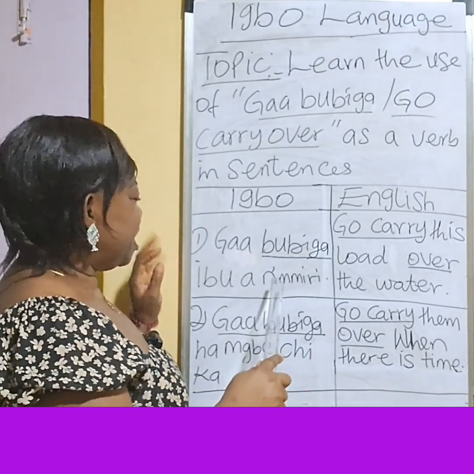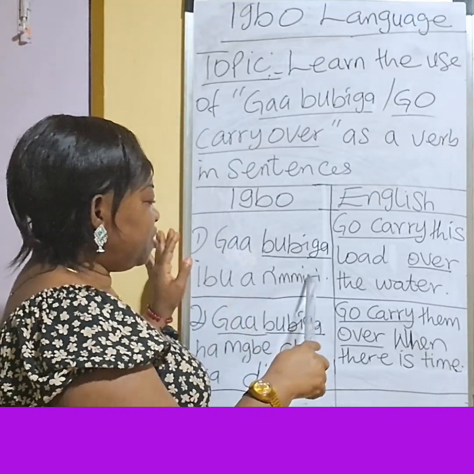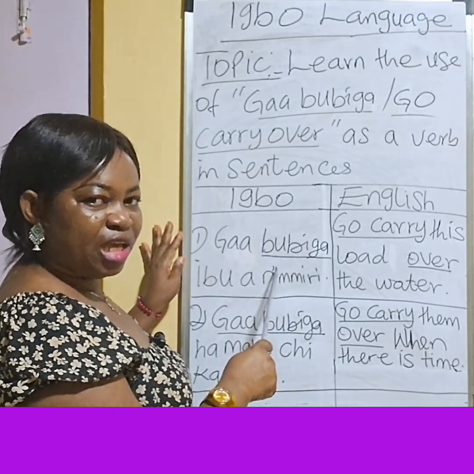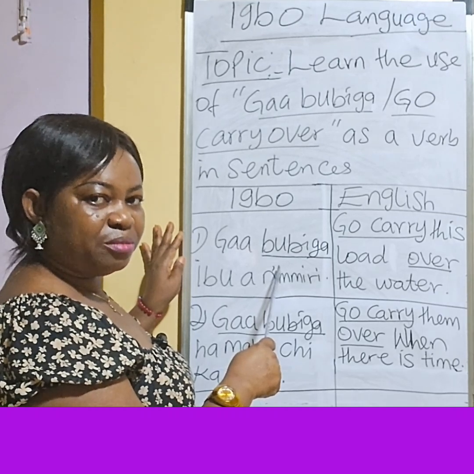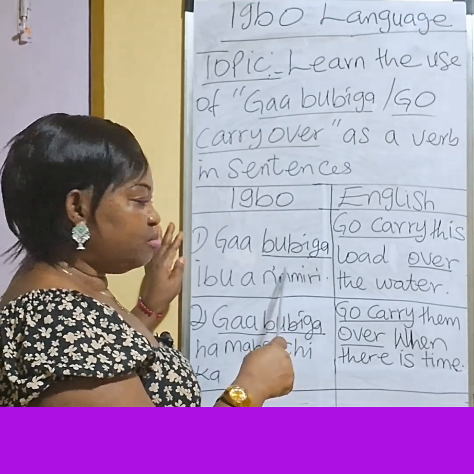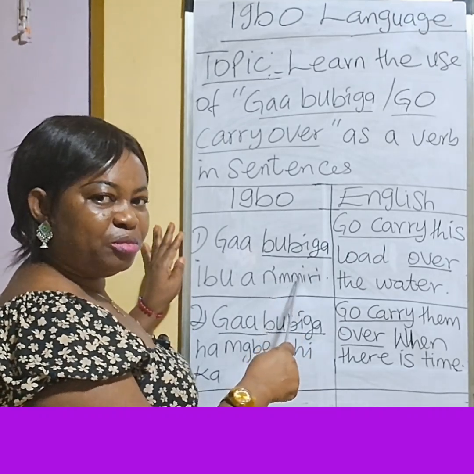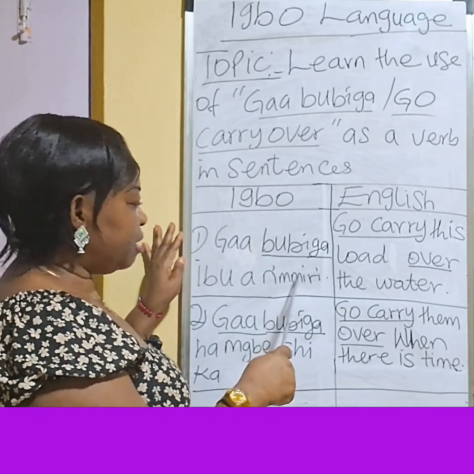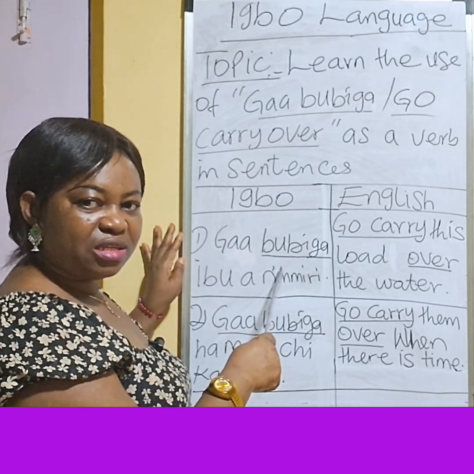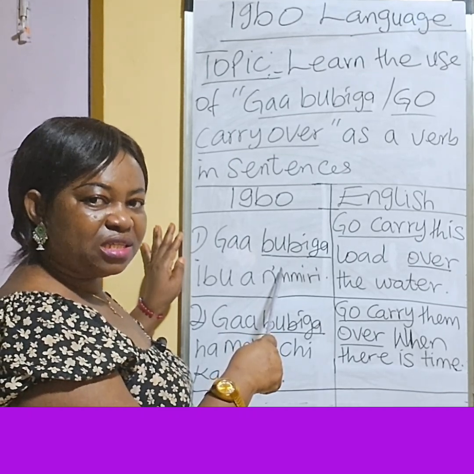You can also see that here, na mmiri, we put apostrophe before letter M. That is me. Because here we have mmiri, double M. So the first one is our vowel alike.